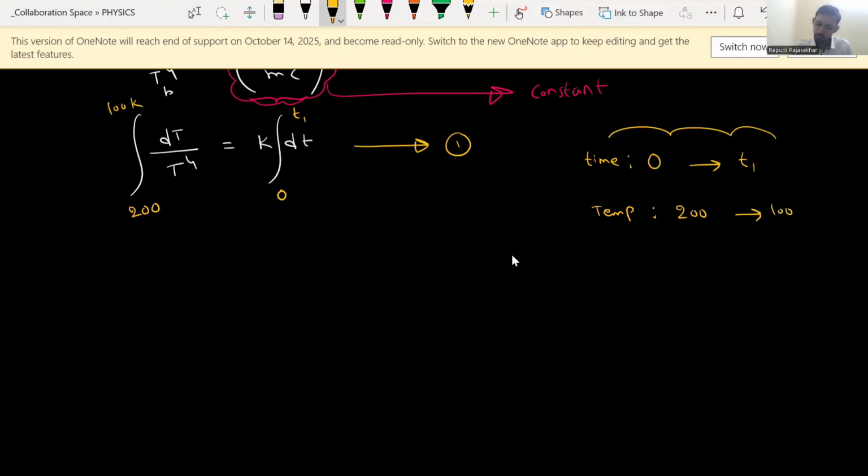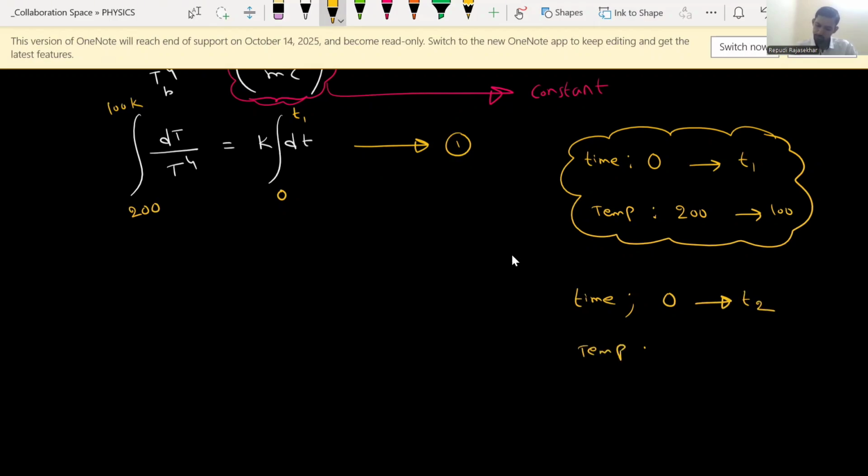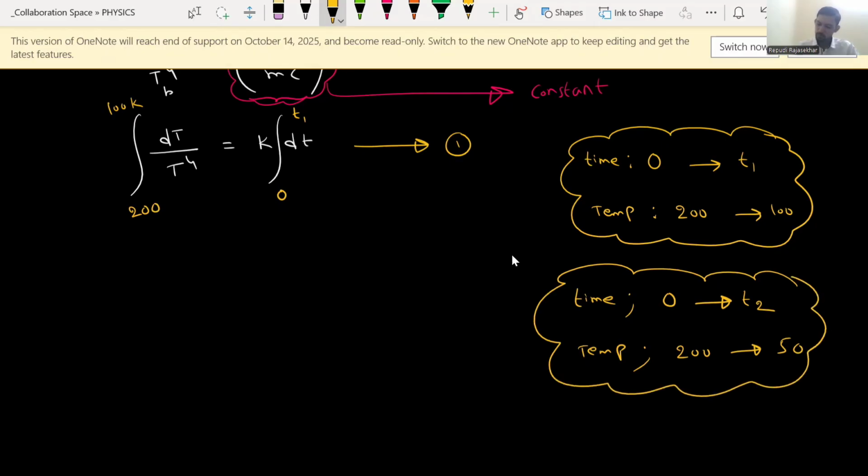This is the first process we have written. Now, what is the next process? If I write from 0 to T2 seconds, the temperature is changing from 200 kelvin to 50 kelvins. This is step 2, the second process.